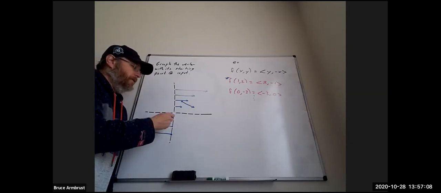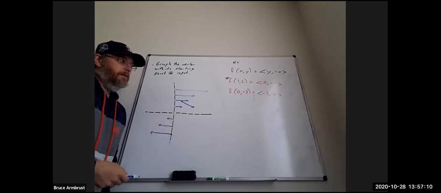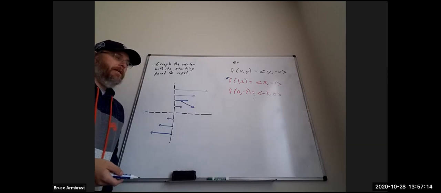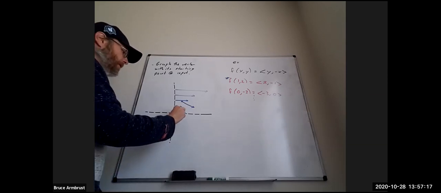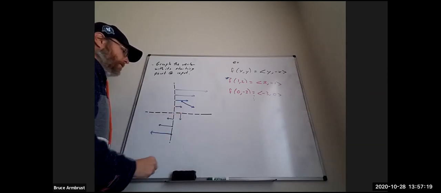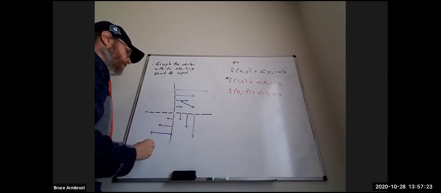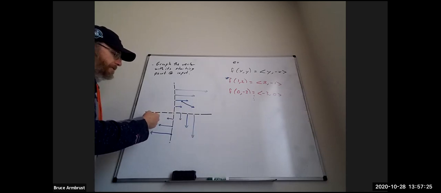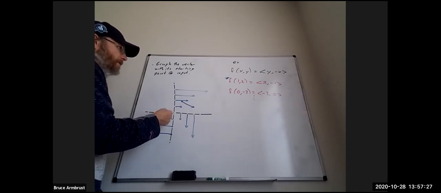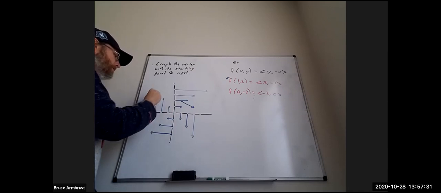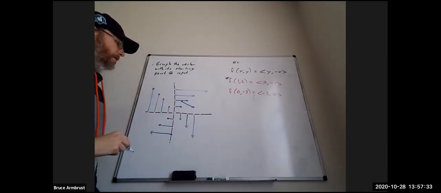If we were to go along the x-axis, 1, 0 would give us a vector of 0, minus 1. 2, 0 is going to give us 0, minus 2, 0, minus 3, and so on. If I go the other direction, minus 1, 0 is going to give me 0, 1, 0, 2, 0, 3, 0, 4.